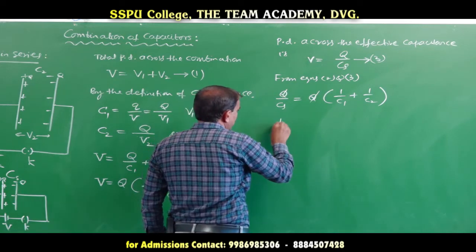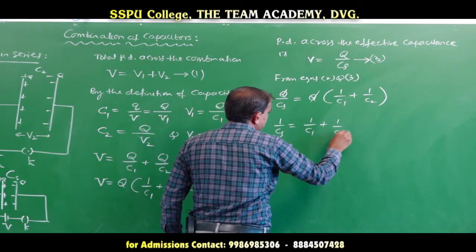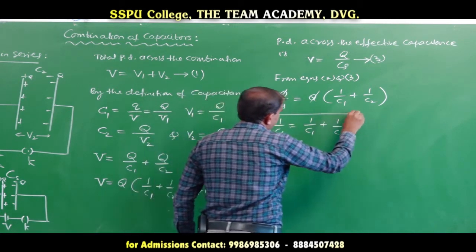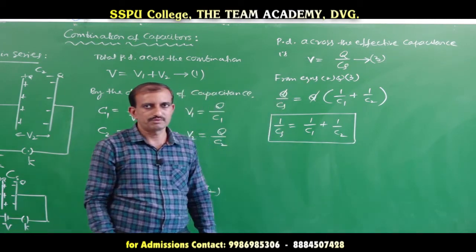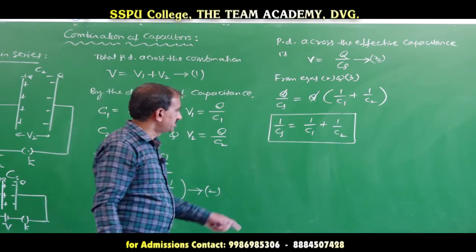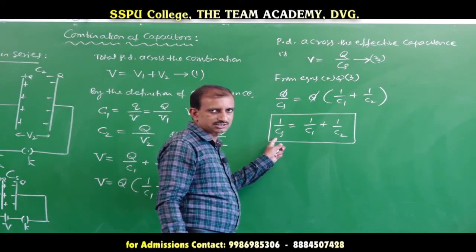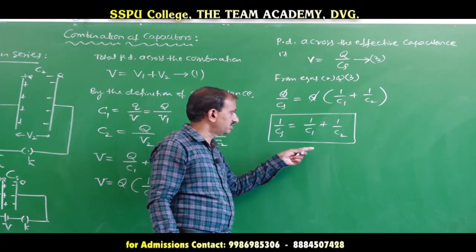Therefore, 1 by Cs is equal to 1 by C1 plus 1 by C2. This is the expression for the effective capacitance of two capacitors connected in series. Here the effective capacitance decreases when two or more capacitors are connected in series.